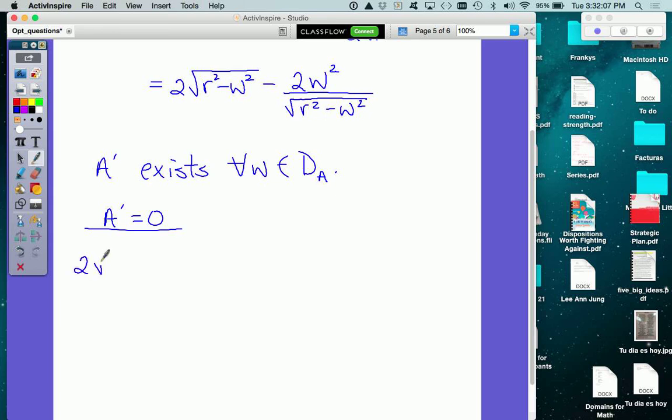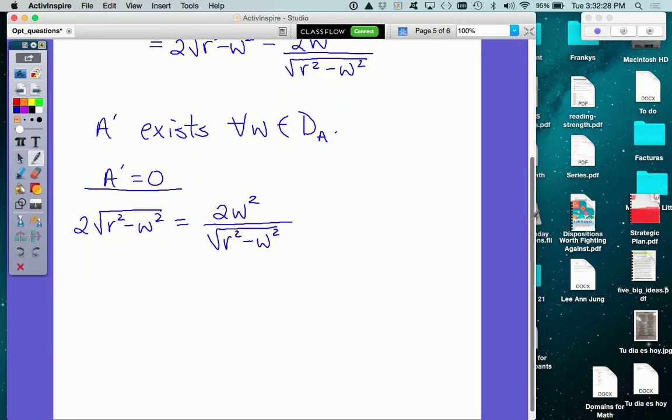So what I've effectively got here is this: 2 times the square root of r squared minus w squared equaling 2w squared over the square root of r squared minus w squared. Now if I multiply the square root over, I can divide both sides by 2, and that's going to eliminate the 2's. And I'm going to be left with r squared minus w squared on the left-hand side, and that's going to equal w squared on the right-hand side.